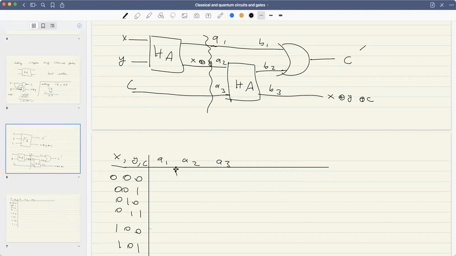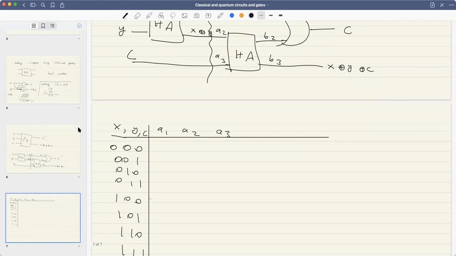A2 is the sum mod 2, and A1 is the carryover. So 0 and 0 gives 0 with a carryover of 0, again 0 and 0.